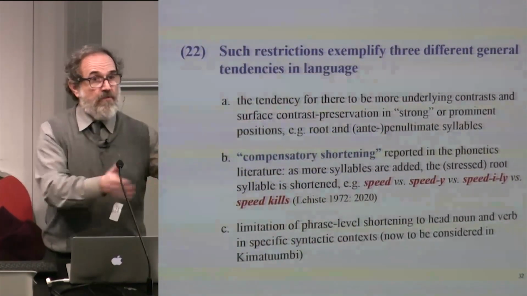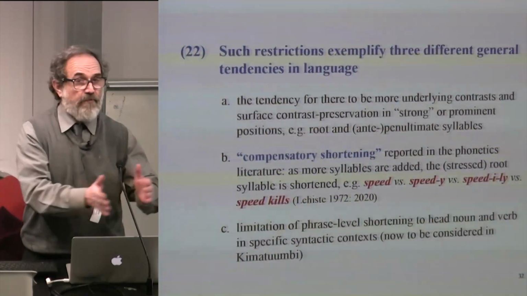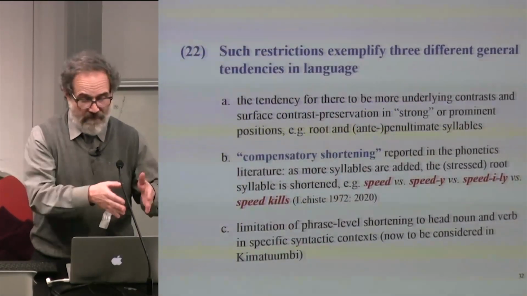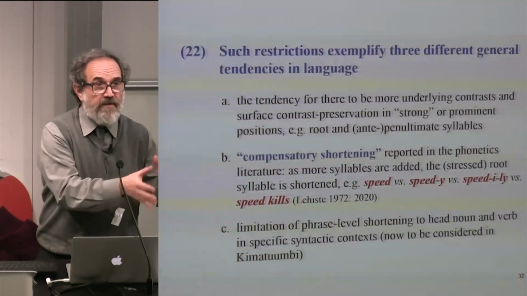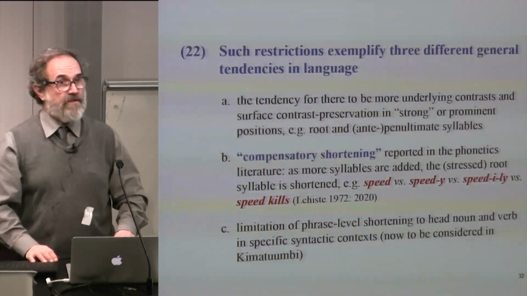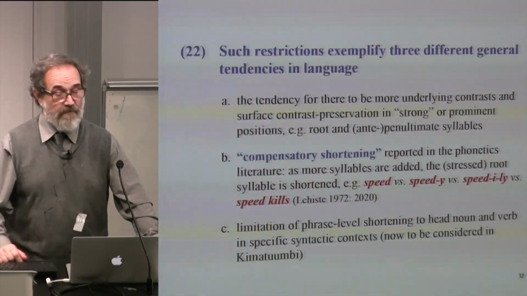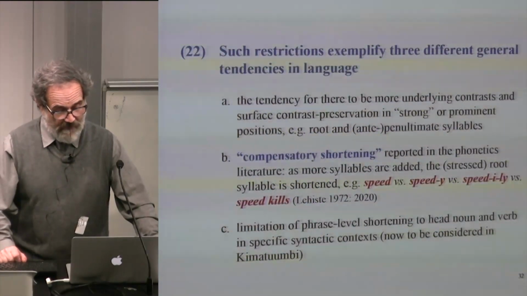It could be that the shortening has something to do with these kinds of examples, that as it gets further away from the end, the effect of the compensatory shortening, to try to keep the word shorter, results in the loss of that contrastive vowel length if it is pre-anti-penultimate or pre-penultimate, depending on the language. And then finally, what I'm going to show you now, there is a limitation of phrase level shortening to head noun and verb in specific syntactic contexts.